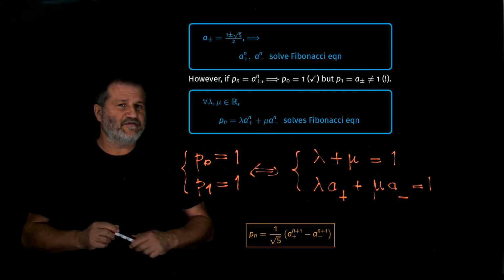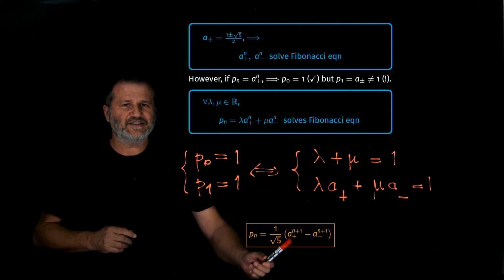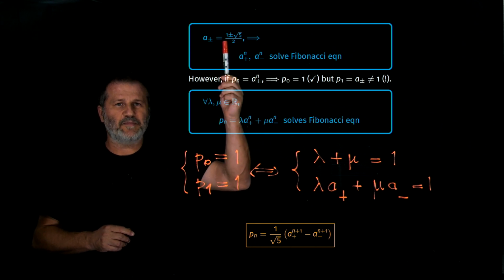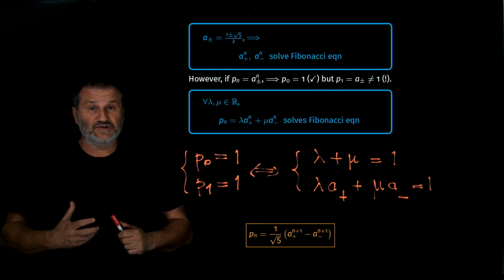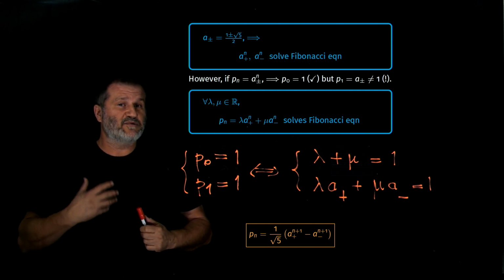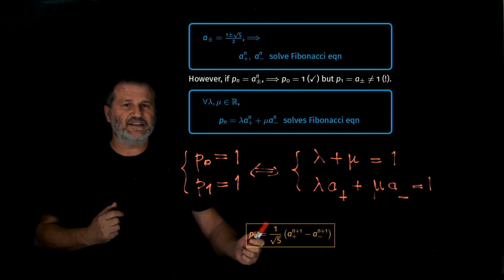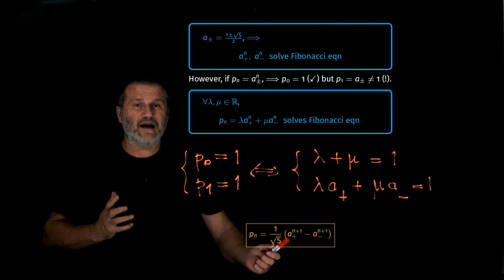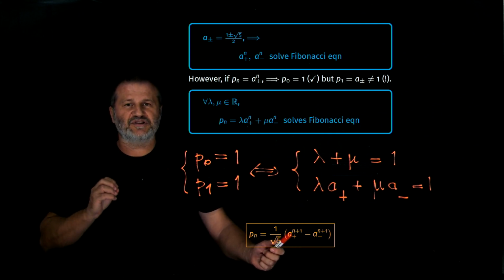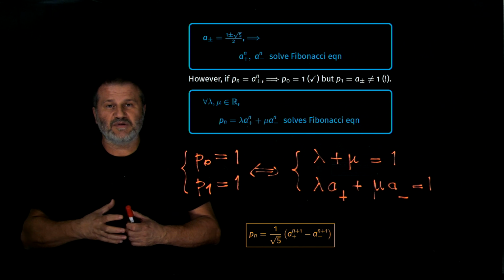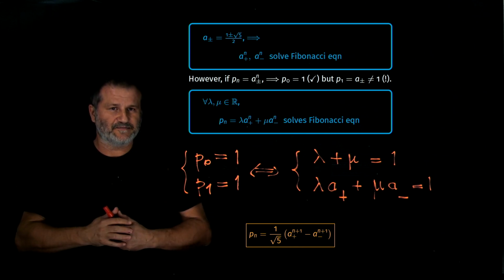They are pretty different because if you look at the first one, a plus is 1 plus root of 5 divided by 2. Root of 5 is greater than 2, so that number will be greater than 3/2. In particular, it will be larger than 1. So this is an exponential sequence with base larger than 1, and therefore is a sequence rapidly growing.